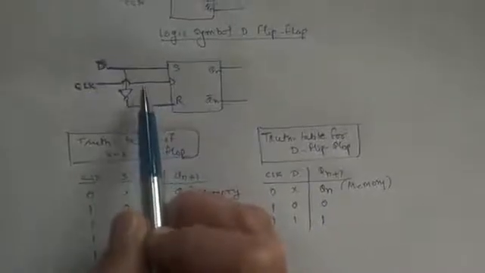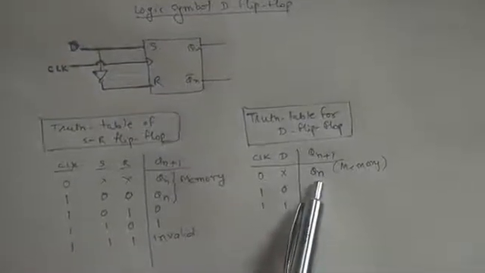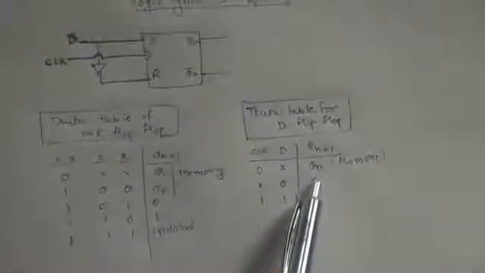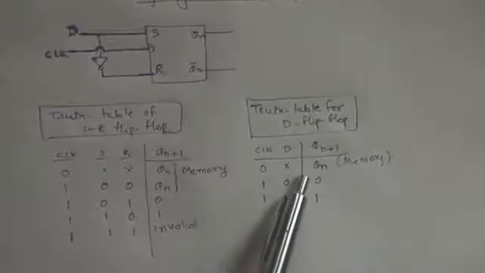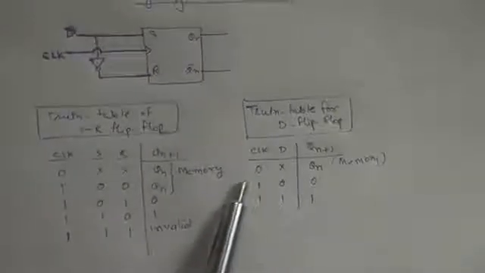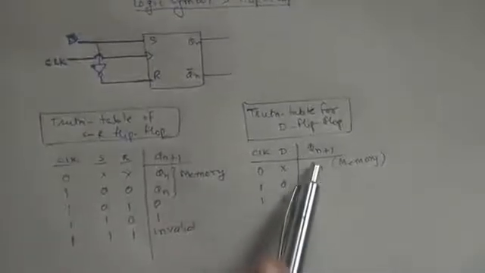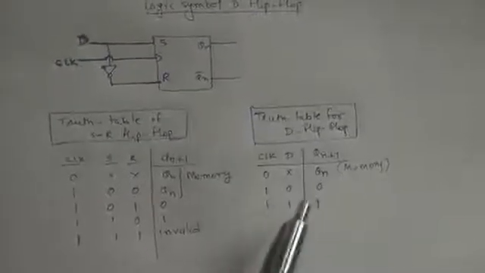Just like in our earlier lectures we had studied, the flip-flop will maintain a state which is known as memory state, and there will be no change in the output which was stored in the earlier stage. So when there is no clock, this is the don't care condition, and this is memory state. There will be no change in the output.